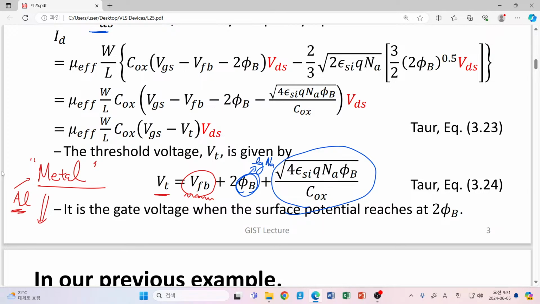In the next age, instead of using this metal, we have used polycrystalline silicon as a gate instead of a metal gate. In this case, polysilicon, in order to have it as a gate material, then anyhow we have to increase our dopant density as much as possible. Otherwise, the gate itself contains a lot of resistive component, so we cannot use it as a gate.